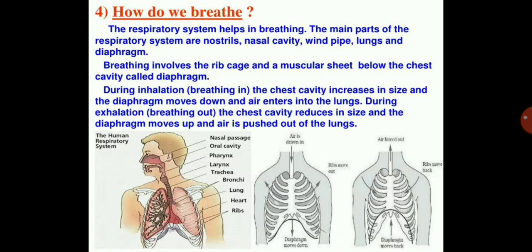Today we are going to see how exactly you breathe. The respiratory system helps in breathing. The main parts of the respiratory system are the nostrils, the nasal cavity, windpipe, lungs and the diaphragm. Breathing involves the rib cage and the muscular sheet below the chest cavity called the diaphragm.